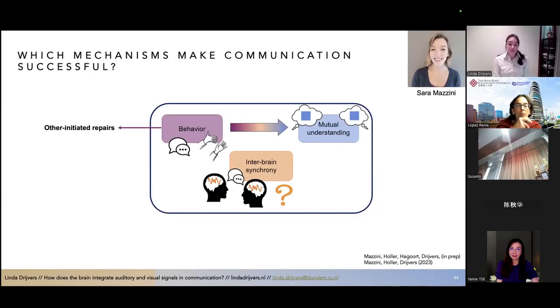And in order to address this research question, we of course first need to ask ourselves which mechanisms make communication successful. So what allows communication to proceed so that the interlocutors can transfer a coherent message and understand each other, right? So for that, she decided to look at other-initiated repair.